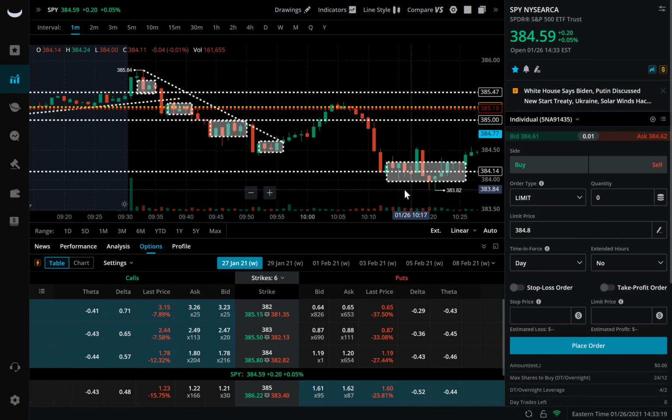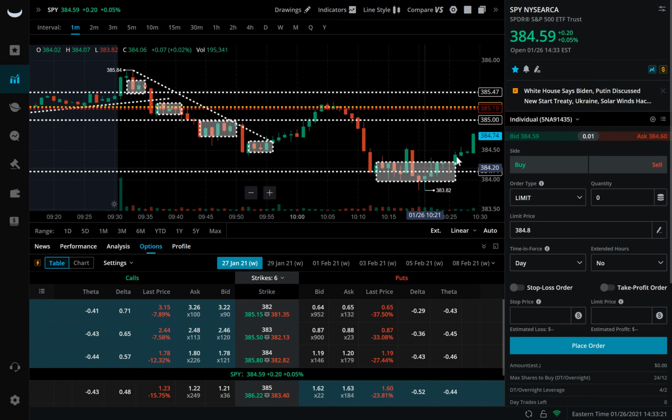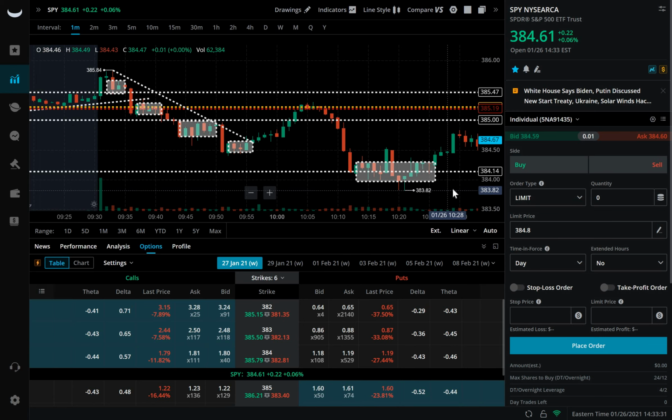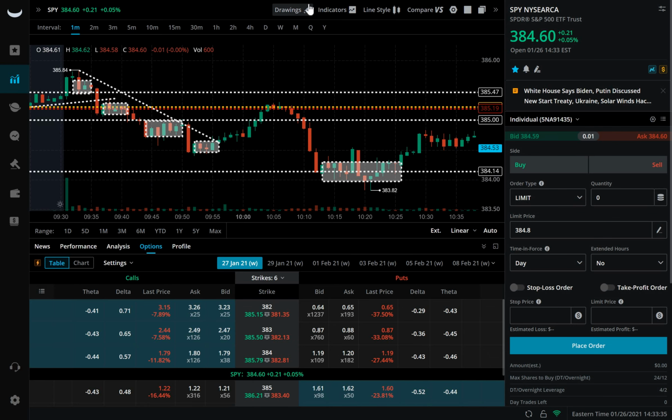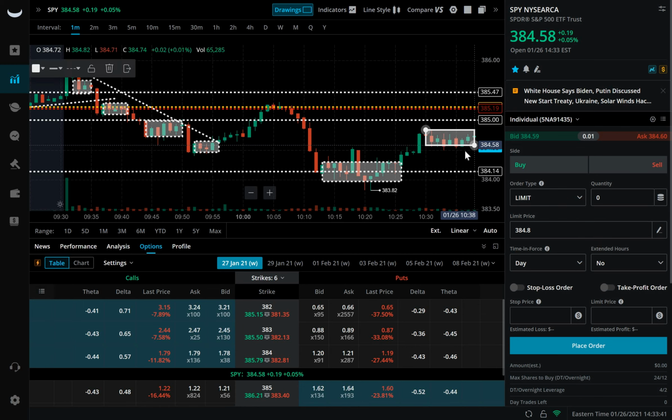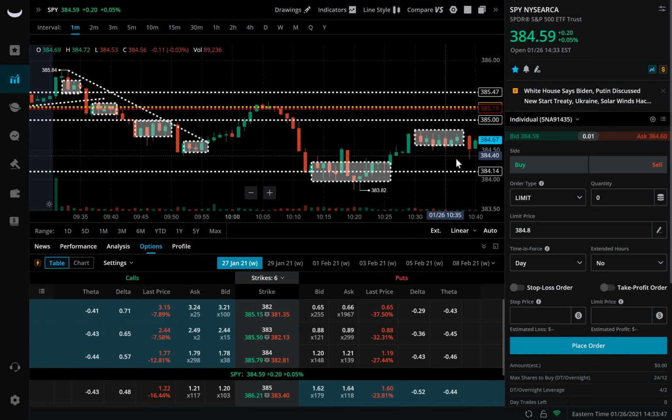So if you were just to follow it, we get a break again, and then it passes this high of the consolidation, and it breaks that to the upward. And it just keeps going and going and going, and then we get more consolidation. These are beautiful signs of good signals to wait for a break to potentially enter.